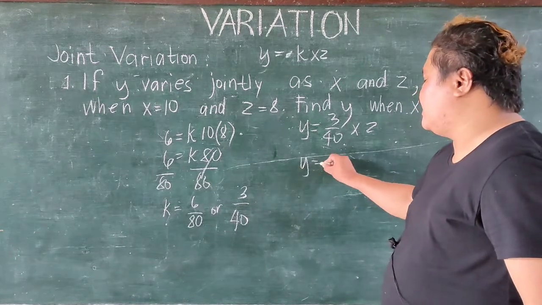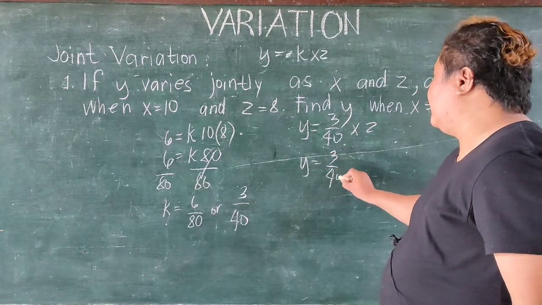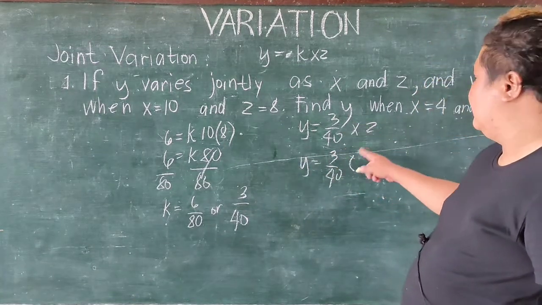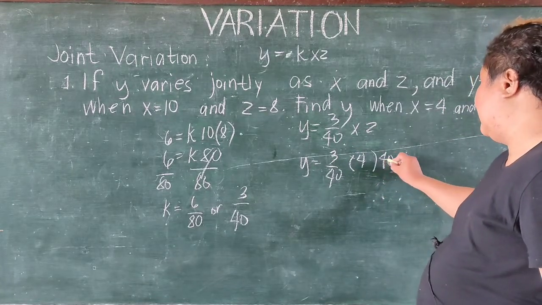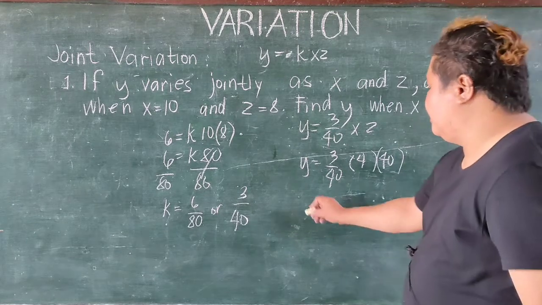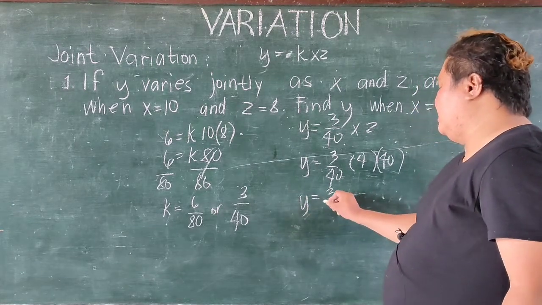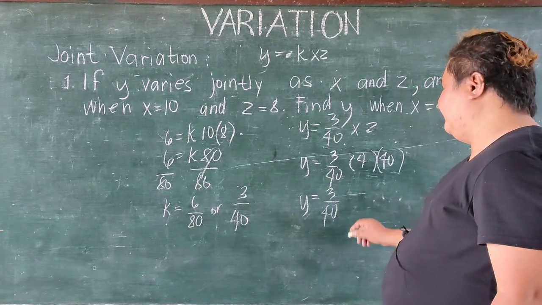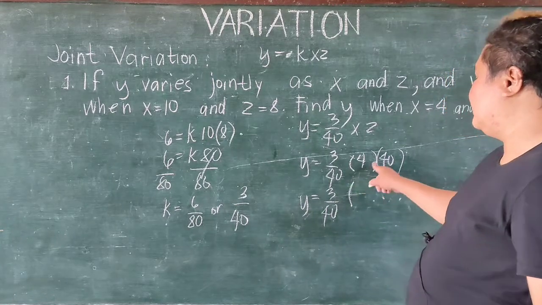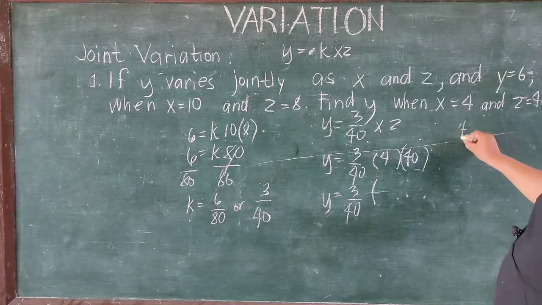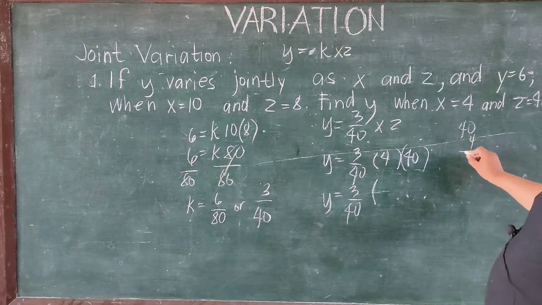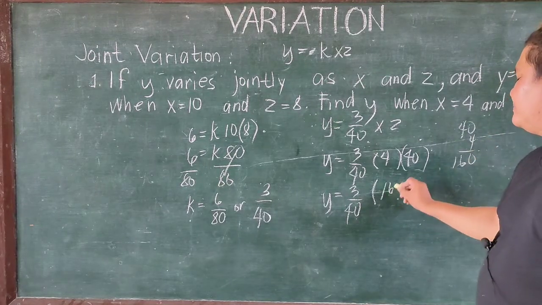So your y is equal to 3 over 40 times 4 times 40. 40 times 4 is 160.